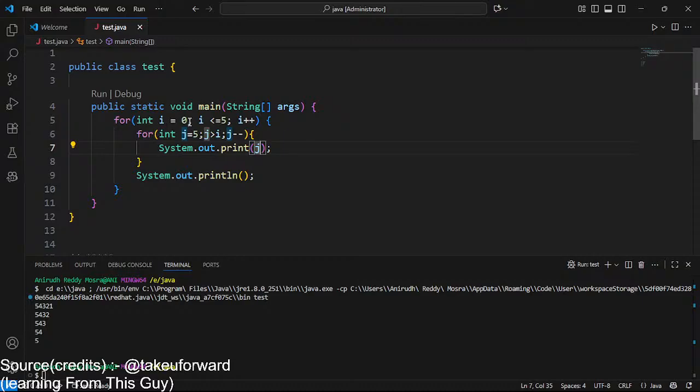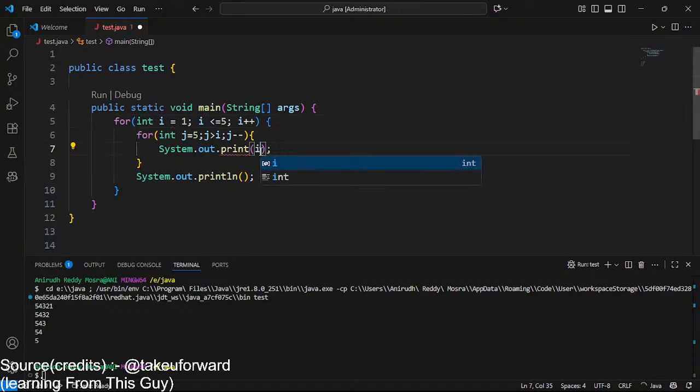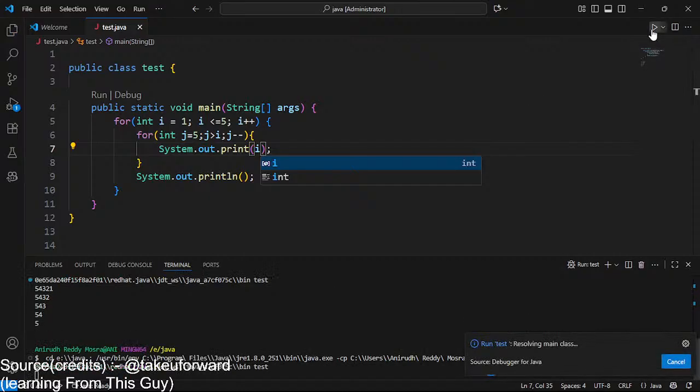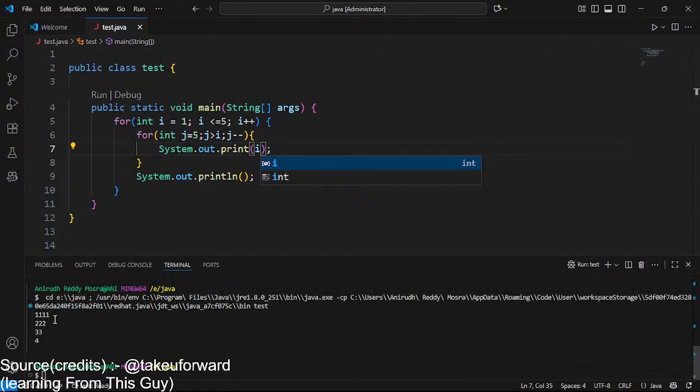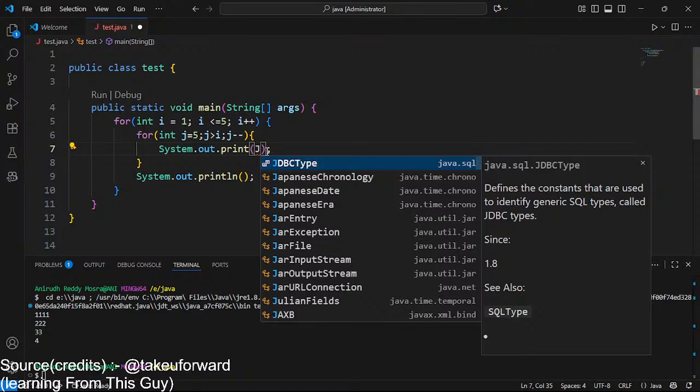And just print 1. So I want to see. So can't use that. J.